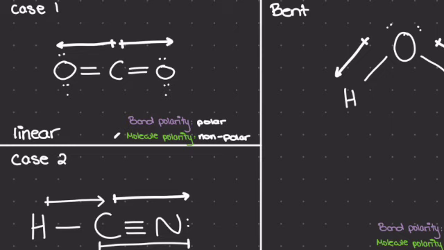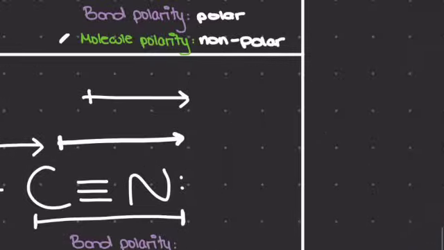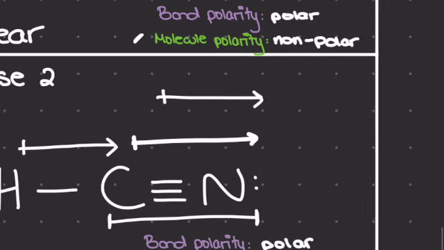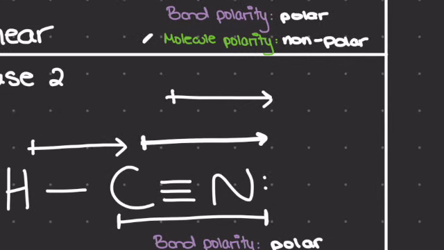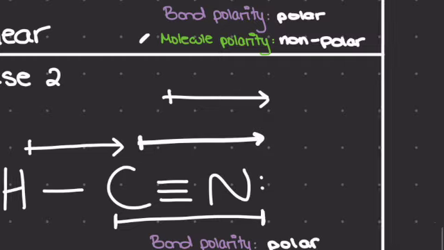And then nitrogen is more electronegative than carbon, so again, my arrow is going to point this way. As you can see, the overall arrow is going to be pointing this way. Therefore, my molecule is polar, and my bonds are polar. So for the linear case, you're either going to have a polar one or a nonpolar one.